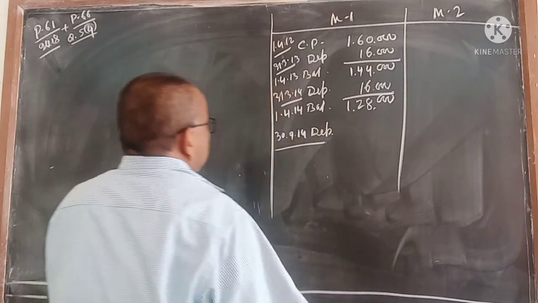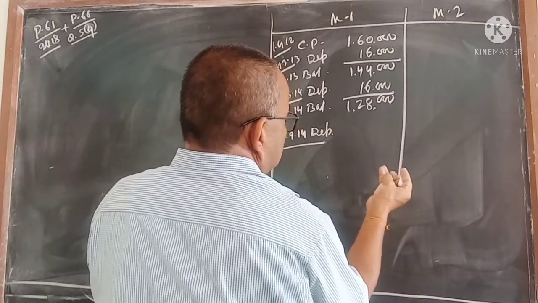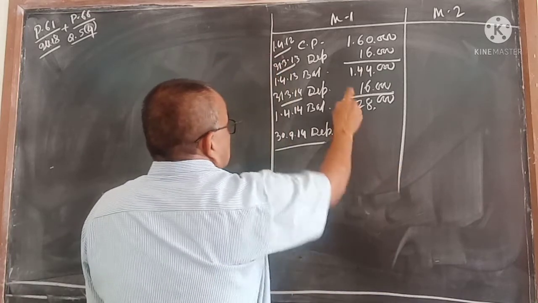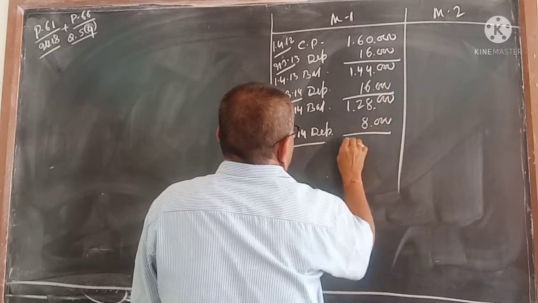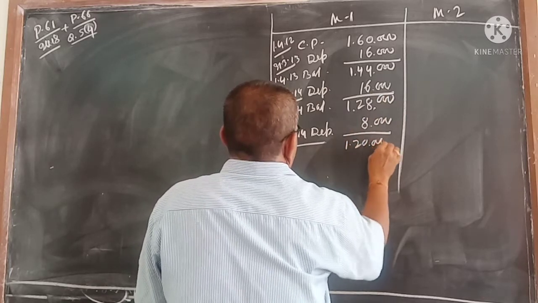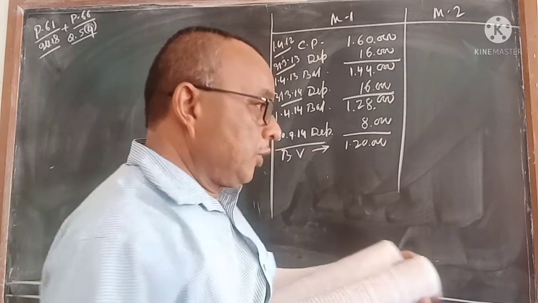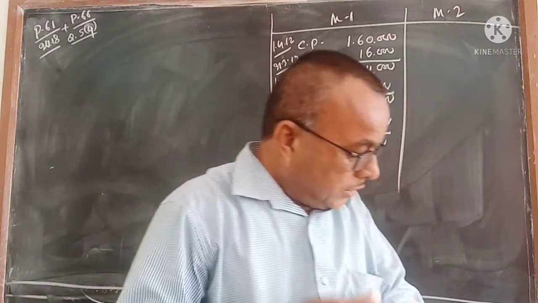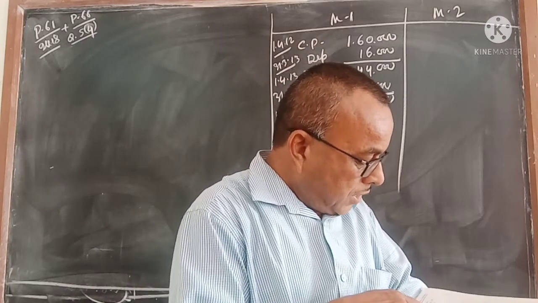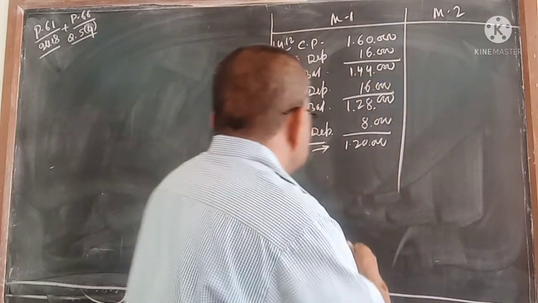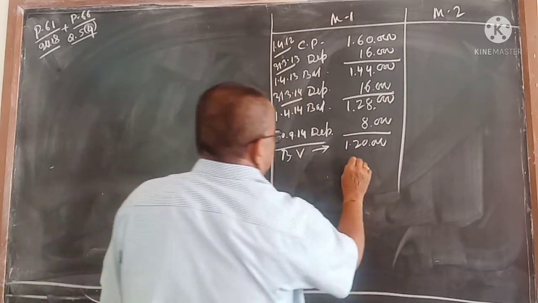Now on 30/9/14, how much depreciation will come? April to September, that is April, May, June, July, August, September: 6 months. 6 months means 8,000; for the whole year it is 16,000, so the balance is 1,20,000. This is your book value. How I am doing, you understand? And this machine is sold on 30/9/14 at 40% loss. 40% means 48,000.